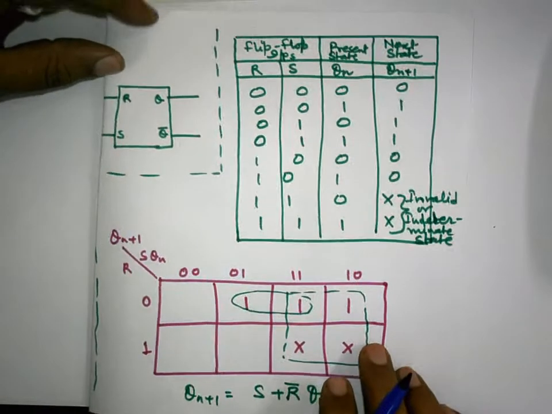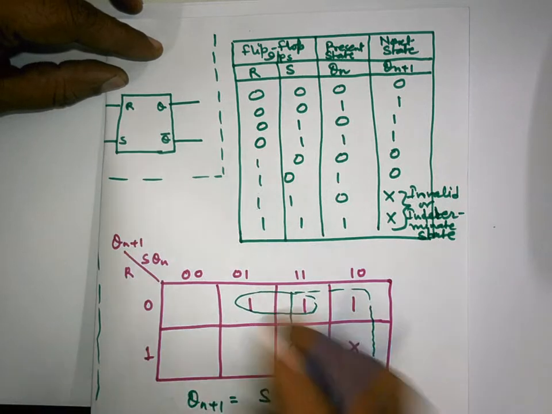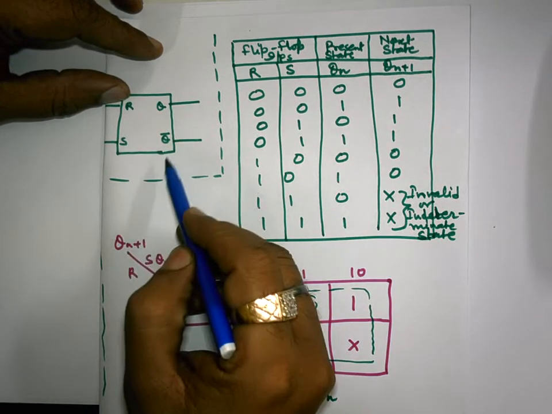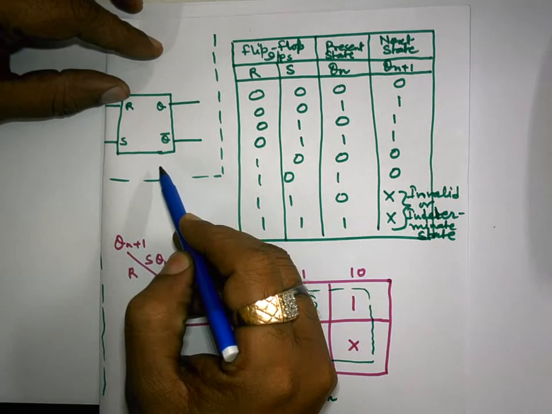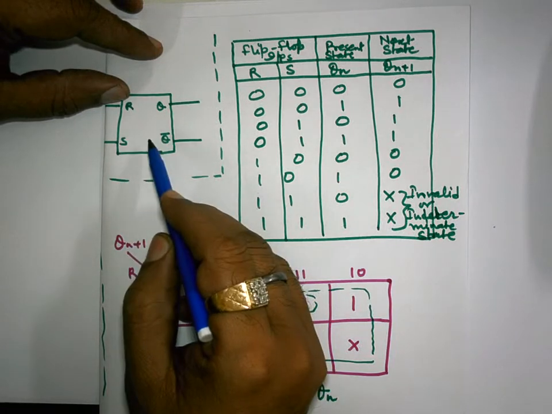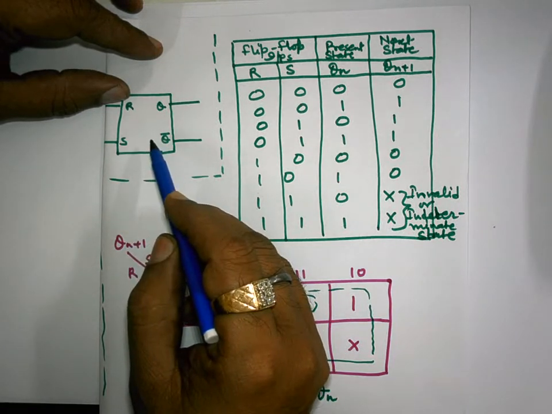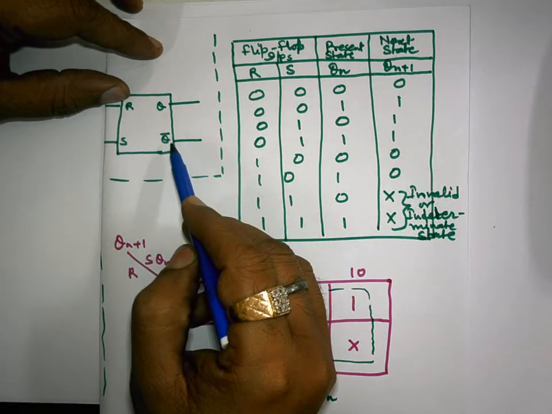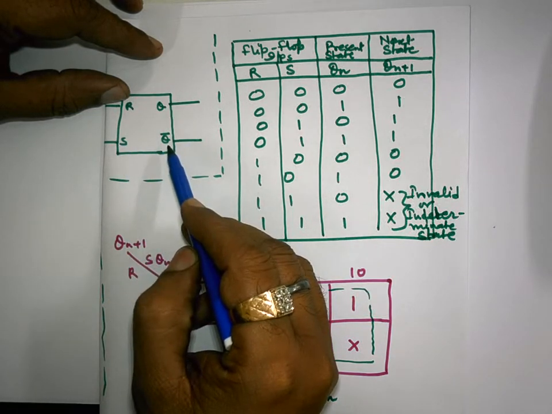Now if we look at this SR flip flop in simple block form, I am not bothered about what is the circuitry inside. I am only interested in the terminal behavior of this flip flop.